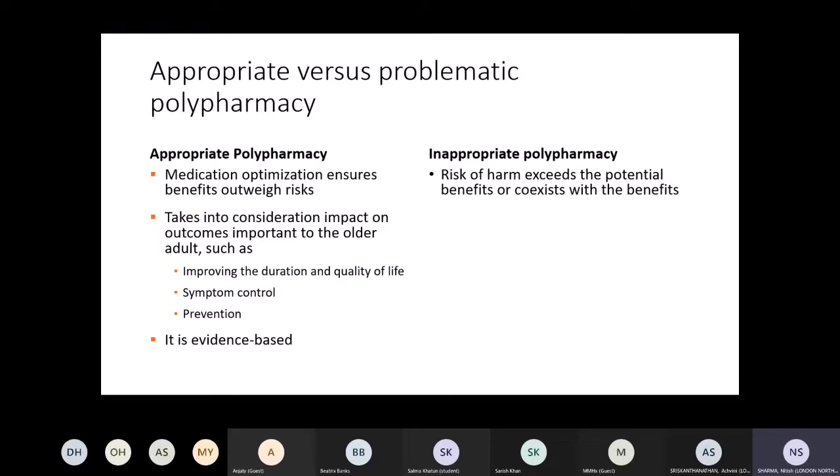Then prevention: are we using it just for prophylaxis, or is it something that we actually need? Then inappropriate polypharmacy would be when the risks outweigh the potential benefits. If it's just a prophylactic medication and does not solve a symptom, it doesn't mean that the patient needs to take it.